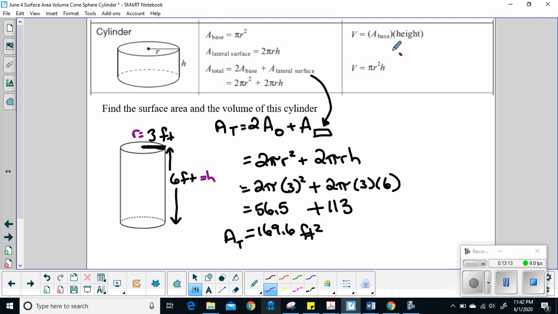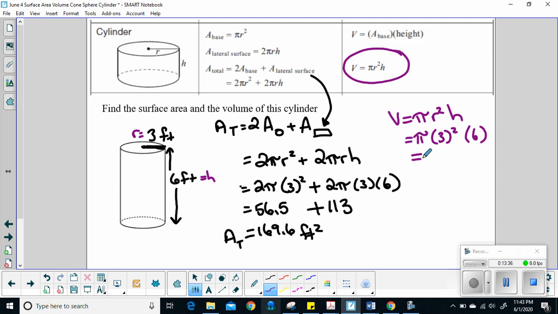Okay, volume, oh, that's a nice straightforward one. Pi r squared h. So it's just the area of your circle times your h. Okay, it's just like our rectangular prisms, just like our triangular prisms. So it's the area of the circle times that height where it's been stretched out. So let's see, we've got a pi times my radius is a 3 squared times my height, which is 6.